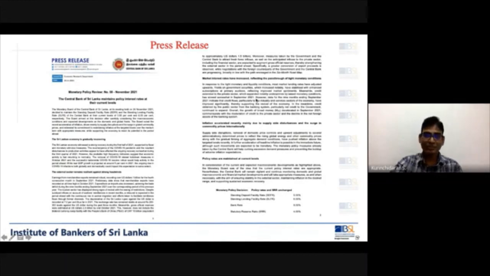And then the explanation on inflation. It says inflation accelerated recently mainly due to supply side disturbances. Supply side disturbances means not the demand side, supply side, right? You could see the explanation. And then they will conclude that policy rates are maintained at the current level.